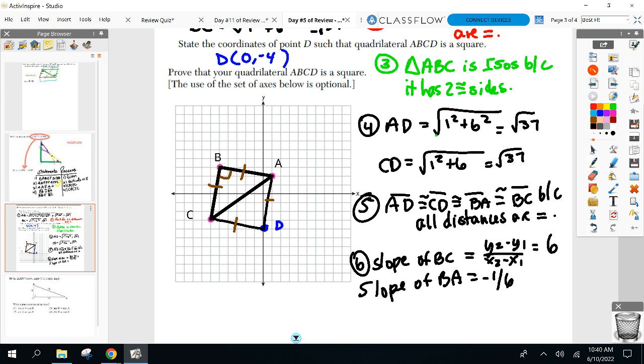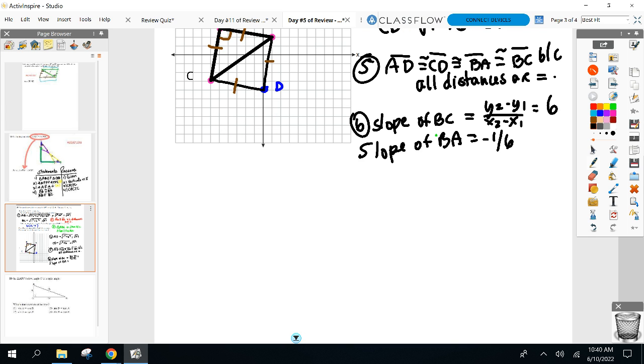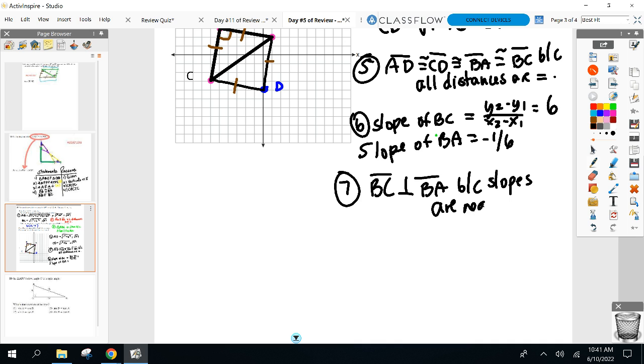And what do you notice about 6 and negative 1/6? Makes them perpendicular, yep. BC perpendicular to BA because slopes are negative reciprocals. And what can I say about angle B?